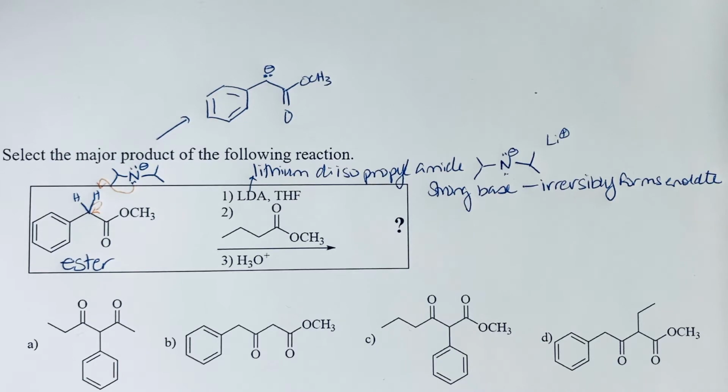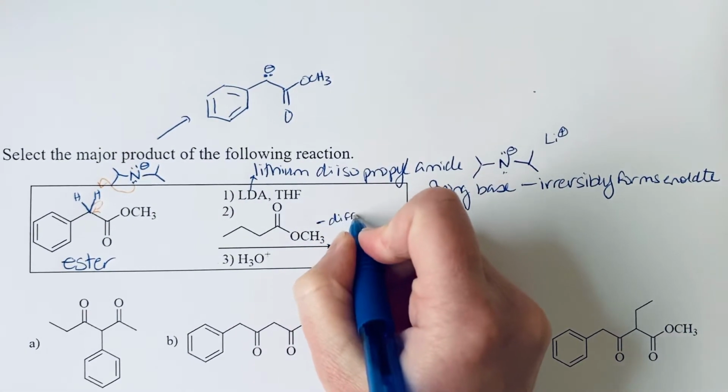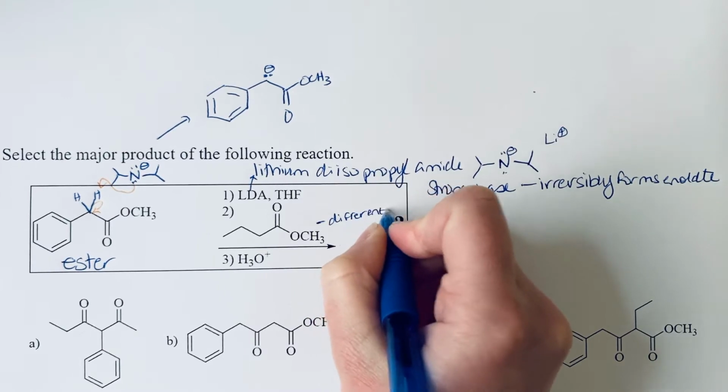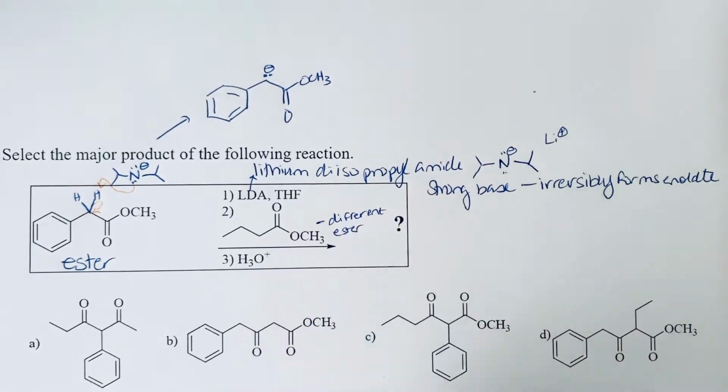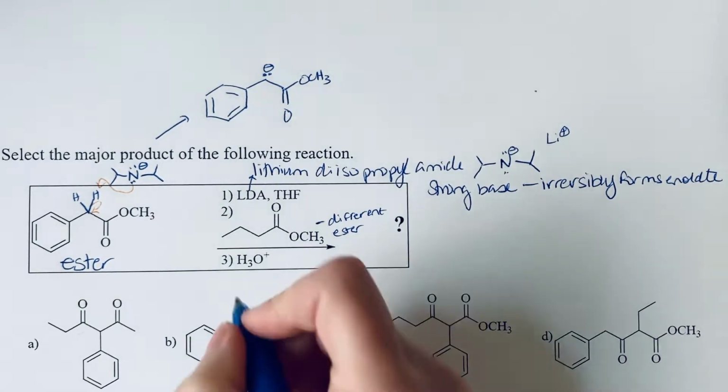And what we're adding in the second step is a different ester. So that tells us we're bringing together two different esters. This is a crossed Claisen condensation.